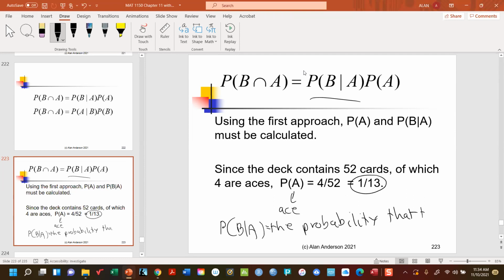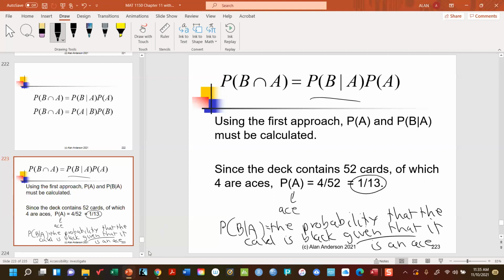that the card is black, given that it is an ace. Now for this, we'll have to use our intuition. If you have the aces in front of you, 2 of them are black and 2 of them are red.